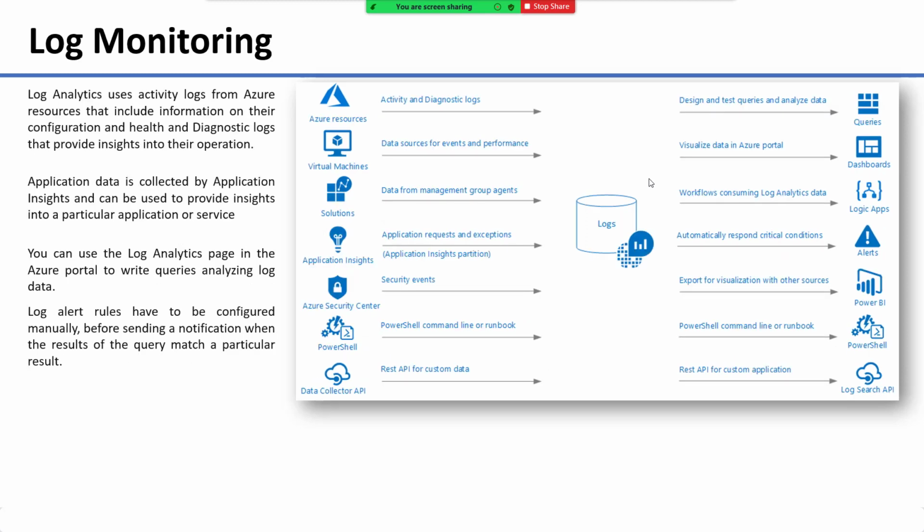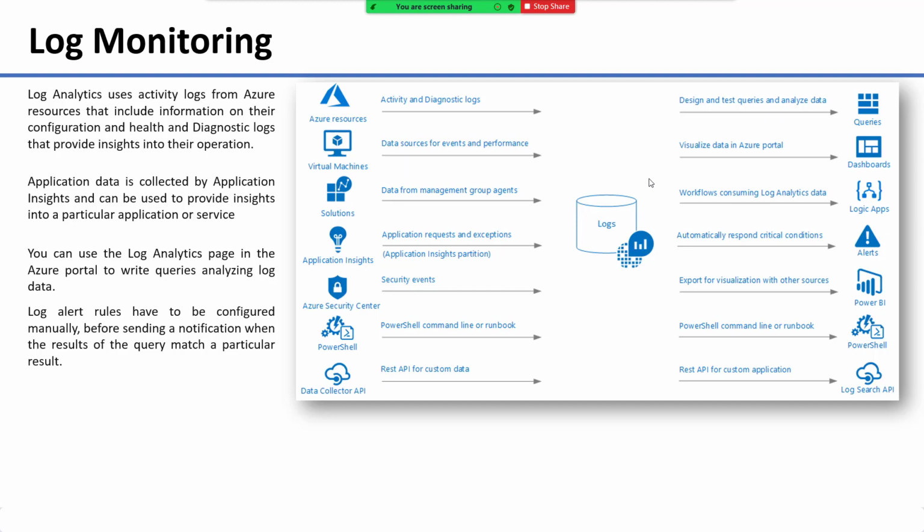Now, the same is true of log analytics. Log analytics uses activity logs from Azure resources, and this can include information on their configuration, health, and diagnostics. On the left-hand side you can see that Azure resources can generate log data, virtual machines can generate log data, and platform management groups can create data.